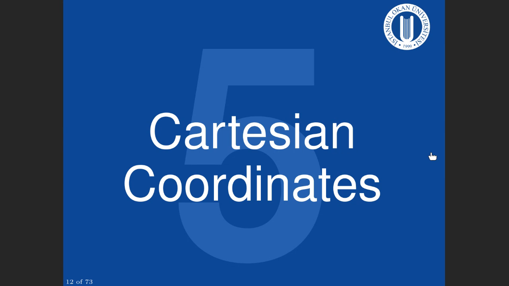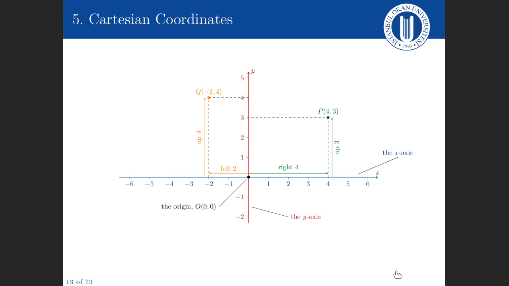Chapter 5 is about Cartesian coordinates. Cartesian coordinates are ways to explain the position of a point in a two-dimensional plane.